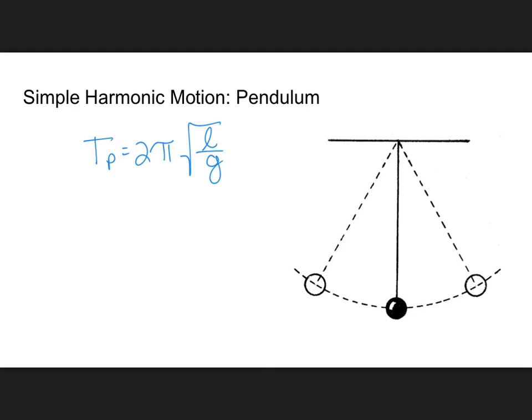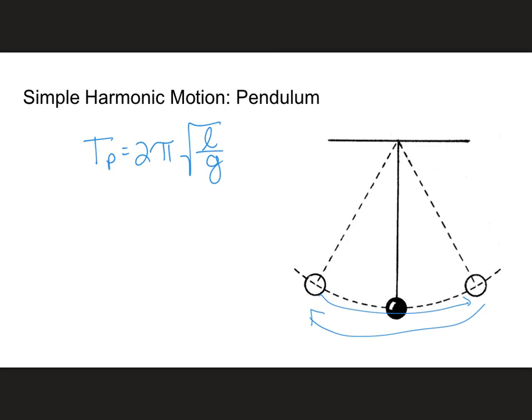The last concept we're going to review is simple harmonic motion in a pendulum. A pendulum is simply a bob moving back and forth over time. As a reminder, for a period, it needs to go through the center and all the way back to its starting point. Take a moment to find the period equation for a pendulum on your equation sheet.